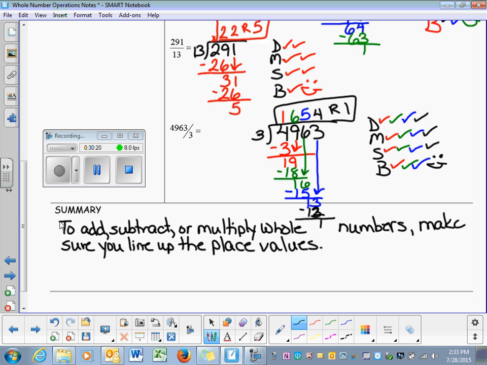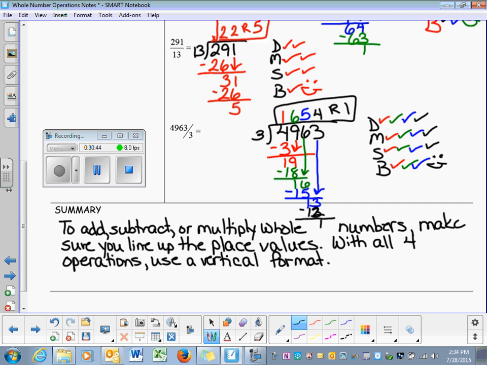With all four operations, we want to always use a vertical format. All right, at this point, we have several worksheets to do on whole number operations. And then you either have a page in your textbook or an IXL section to complete.